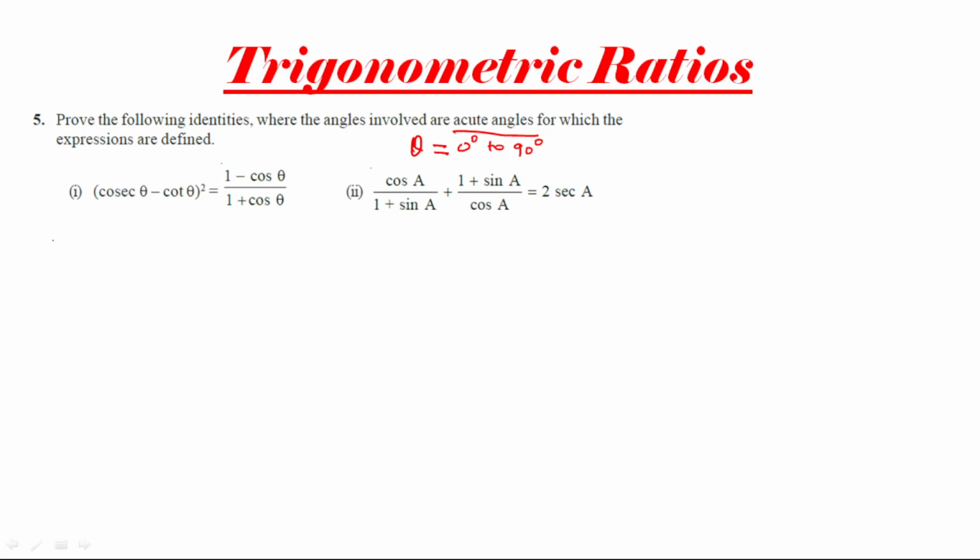Let us go for solving it. We need to prove. Prove means what? LHS, then an equal to sign, then RHS. We have to take any one. There are three ways by which we can solve this type of question.